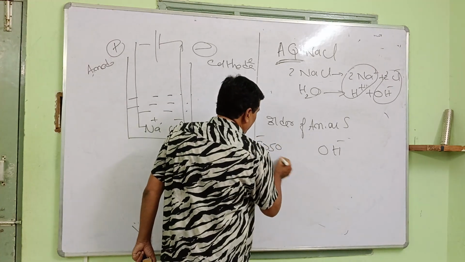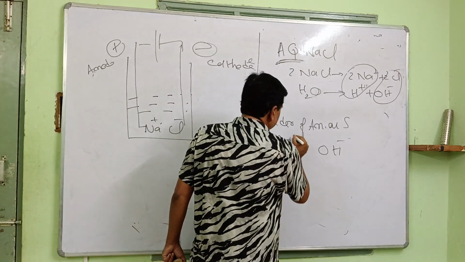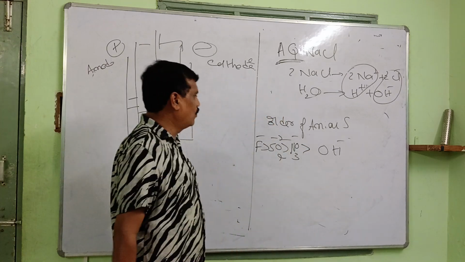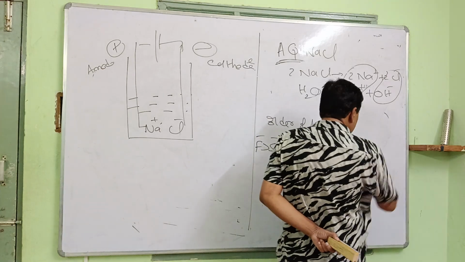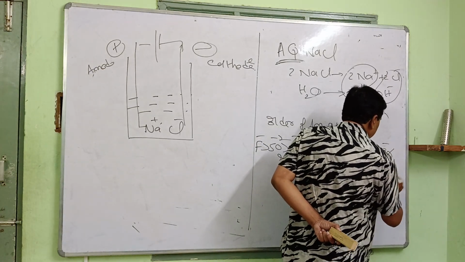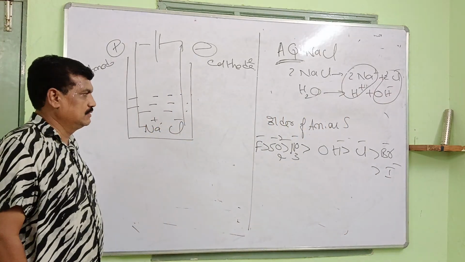Next sulfate is there, next NO3- is there. So all these ions: fluoride, nitrate, sulfate, OH-. Next one is Cl-, Br-, I-. This is the order of anions.